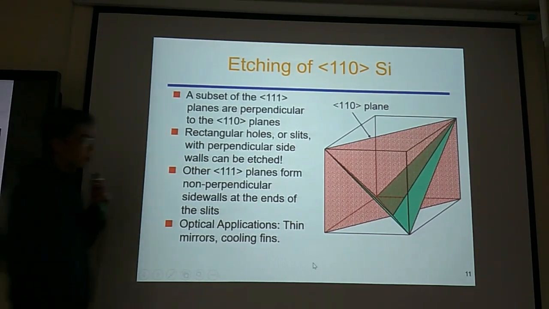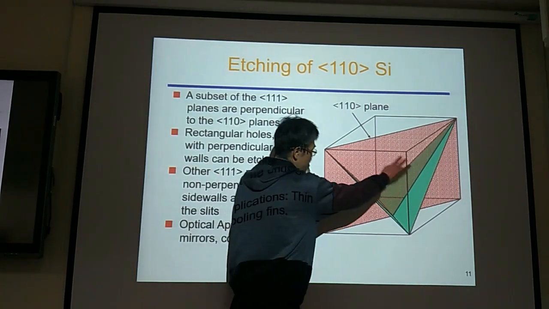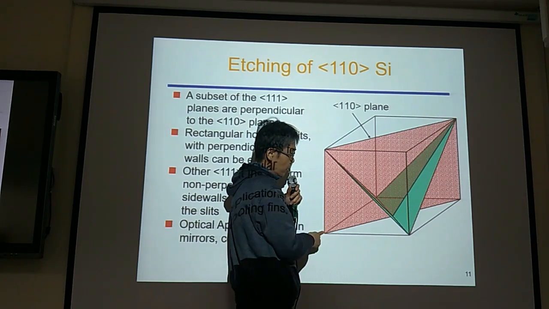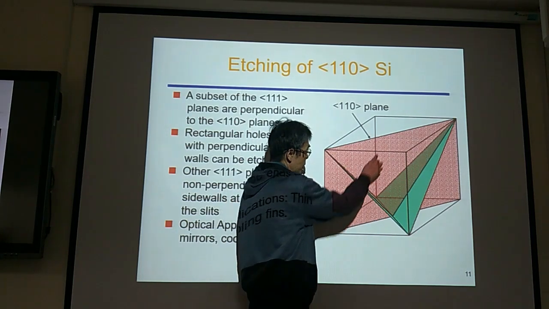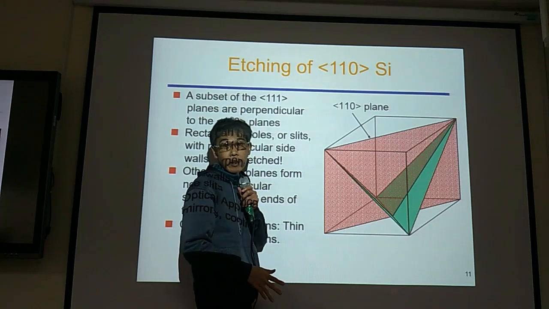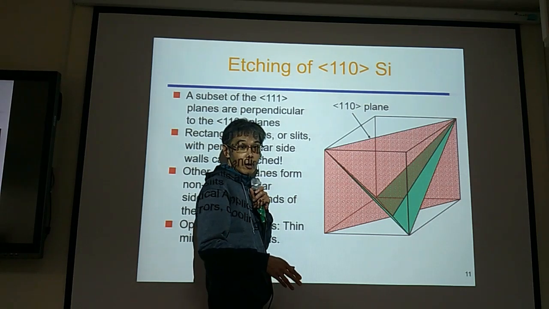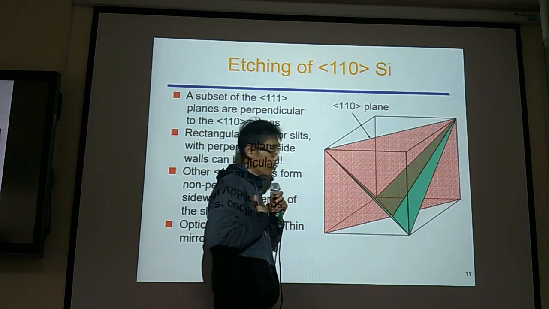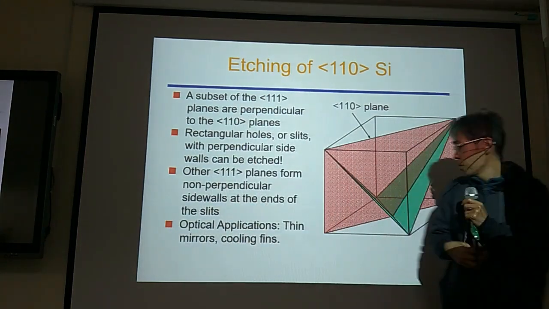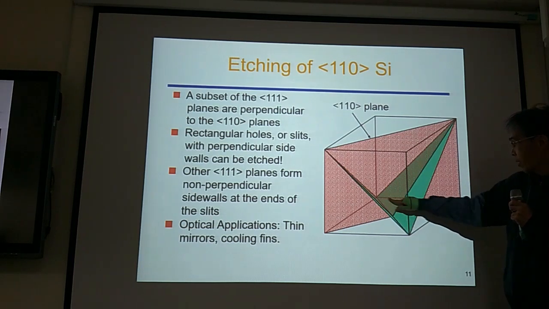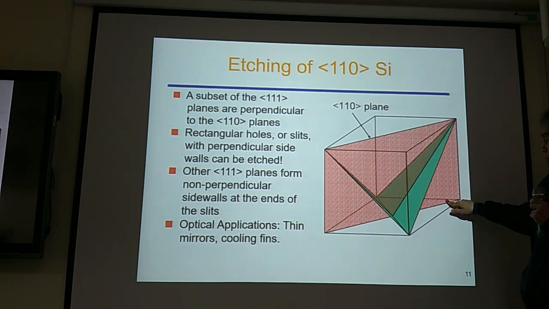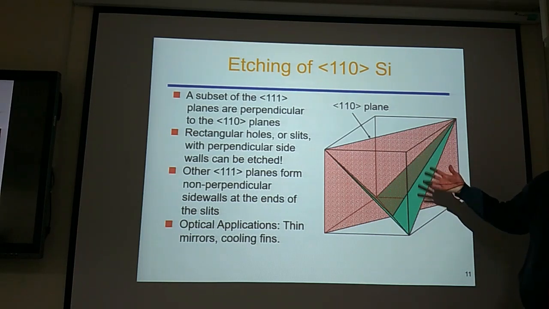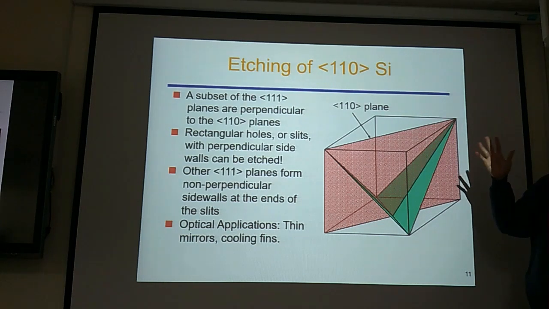Okay, for this one, let's say this surface is a 100 surface, because if this is x, this is y, this is z, then this surface is the 1, 0, 0 surface. Do you agree with me? And we can select any coordinate system.